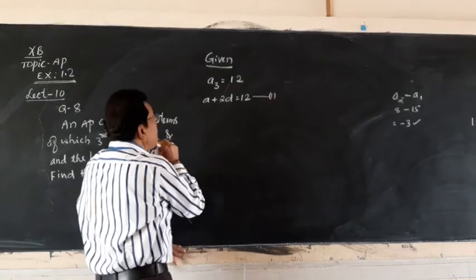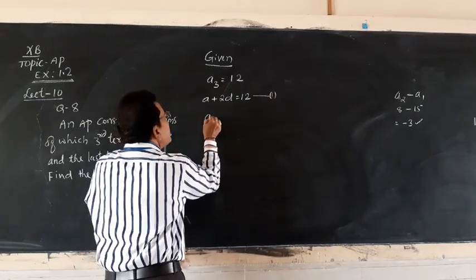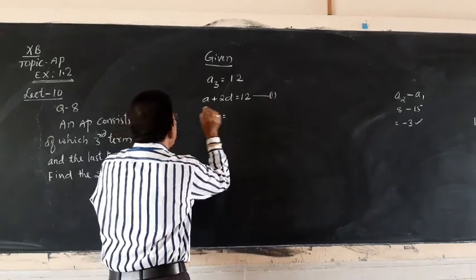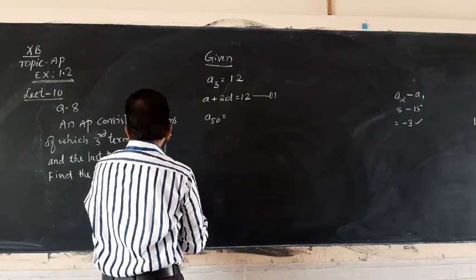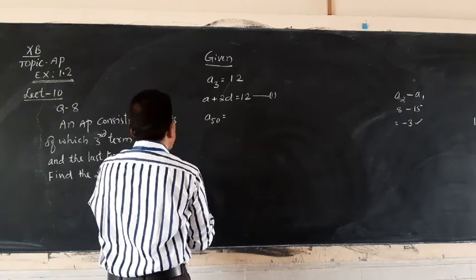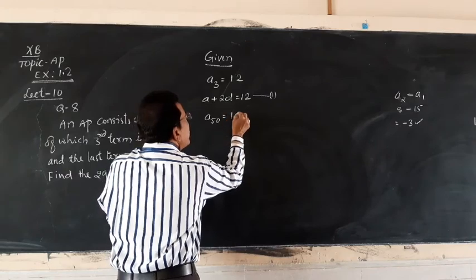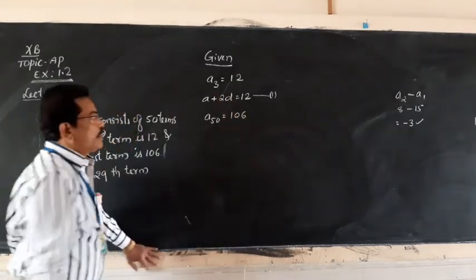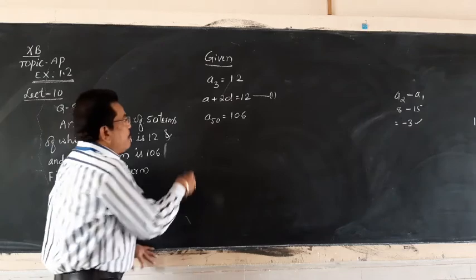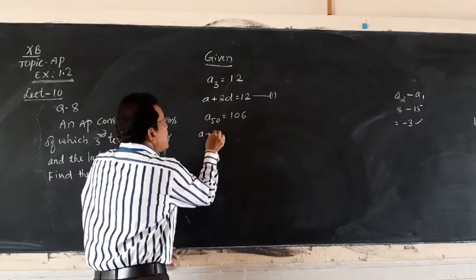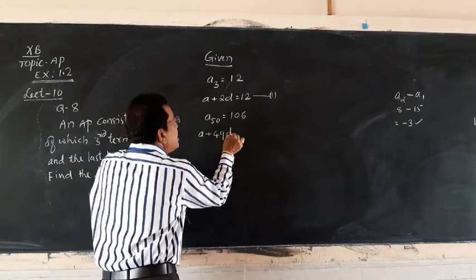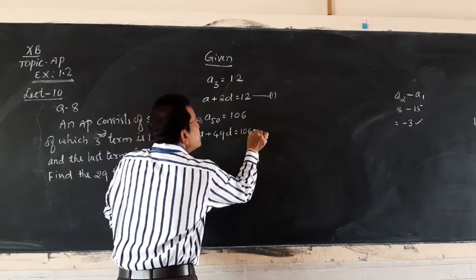Then the last term is the 50th term, A50, and the last term is 106. A50 equals 106. Then A plus 49D equals 106.